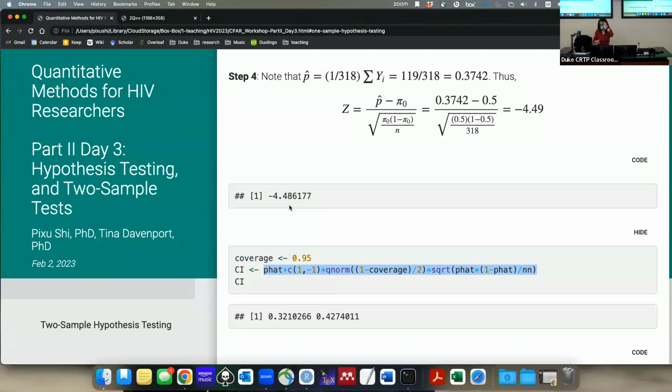So Richard raised a very good question that reminds me that I need to clarify something. When you use a confidence interval to reject the null hypothesis, it doesn't really matter what your null hypothesis is, but it matters what your alternative is. If you have a two-sided confidence interval, it is related to a two-sided test, a two-sided alternative. You cannot use a two-sided confidence interval to reject a one-sided alternative hypothesis.